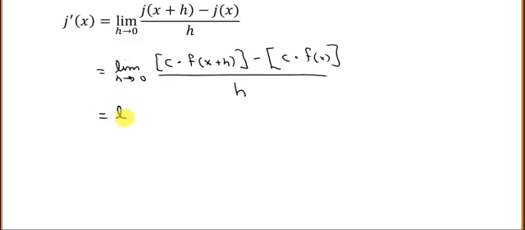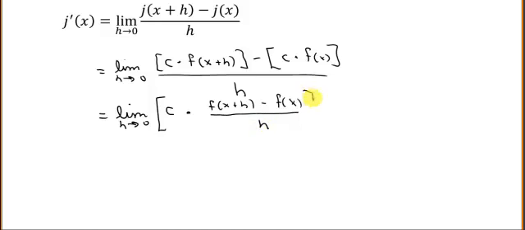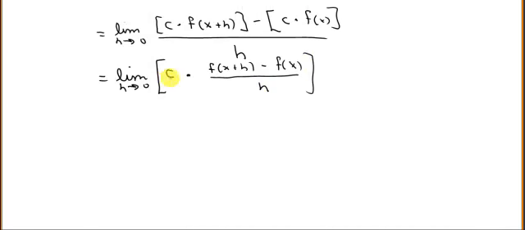Notice that each term in the numerator has a factor of c, so we could write this as the limit as h approaches 0 of c times f of x plus h minus f of x, all over h. And now we have the limit of the product of two expressions.